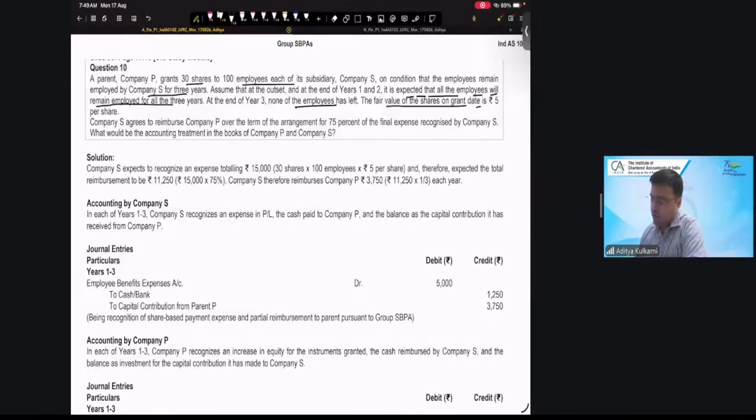Fair value on grant date is rupees 5 per share. Company S agrees to reimburse company P over the term of the arrangement for 75% of the expense recognized by company S. What would be the accounting treatment in the books of P and company S?